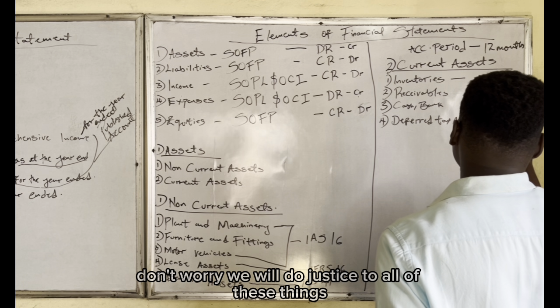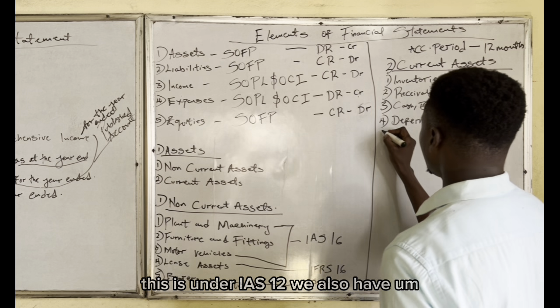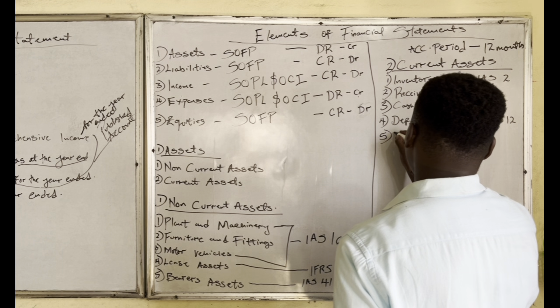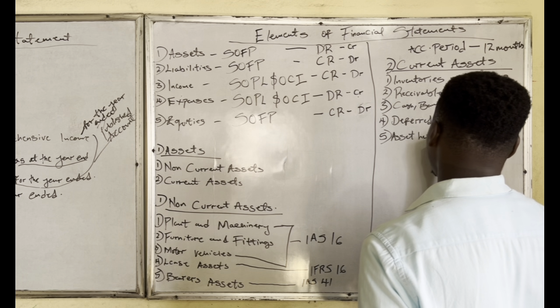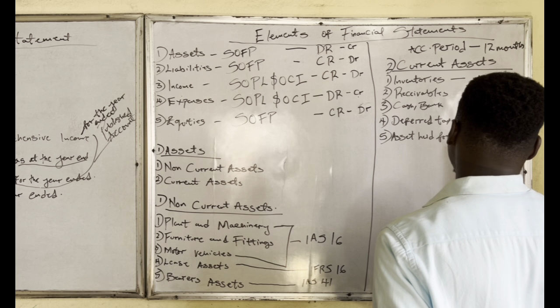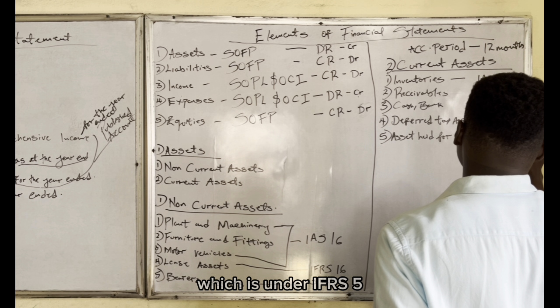Don't worry, we'll do justice to all of these things. This is under IAS 12. We also have assets held for sale. Which is under IFRS 5.